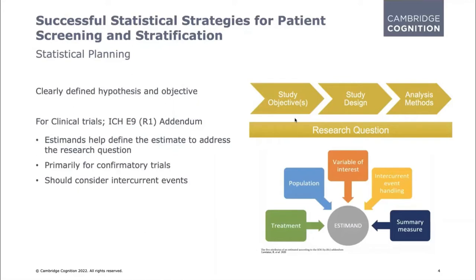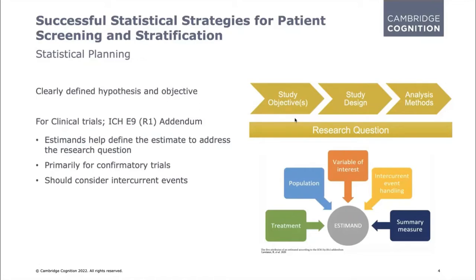Back in 2017, the International Council for Harmonisation released the Estimand framework, and this is really to support the development of the what. What is it in the particular study that we want to estimate, and what are the important factors that we need to consider as part of the construction of that estimate.